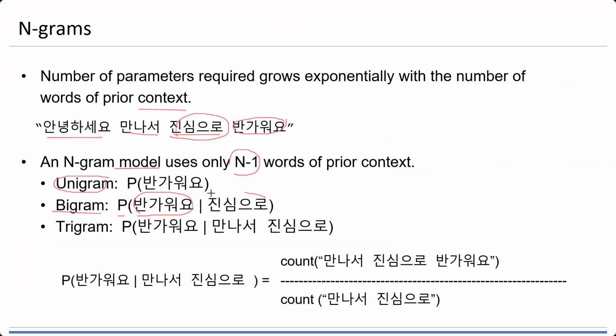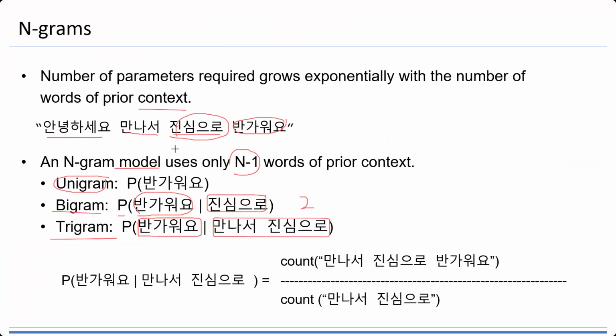N minus 1 means the symbol. So it means there are 2 items. How about trigrams? For the trigram, if I want to know the word 반가워요 appears, what would be the probability if there are 2 previous items?